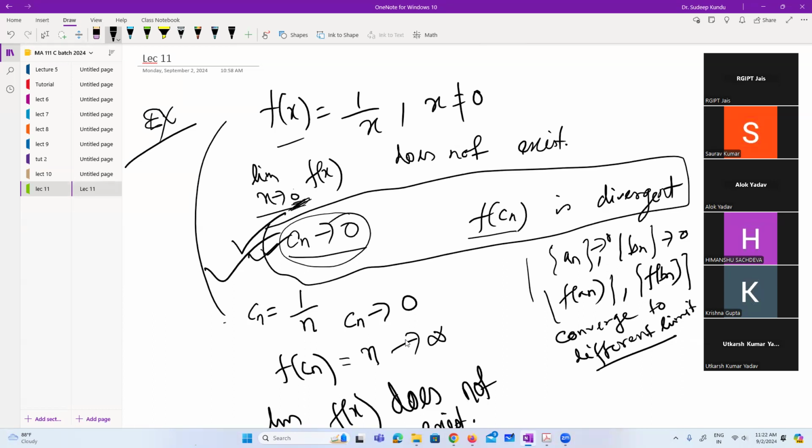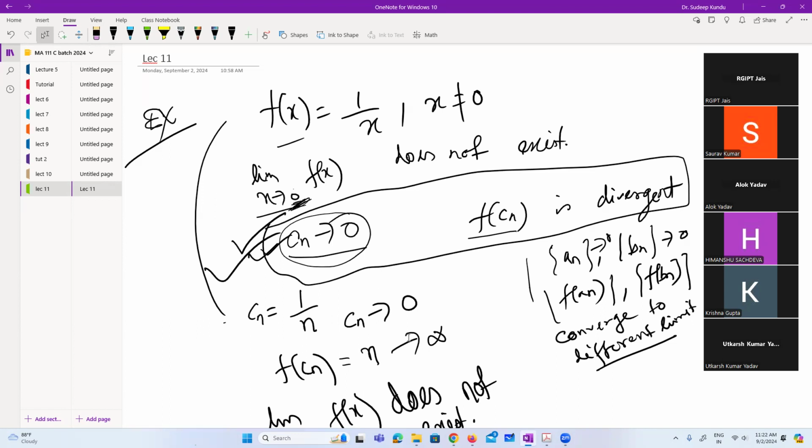Does that imply that the limit of f of x exists? You have shown only for two particular sequences, right? It should be for any sequence. So when you say the limit exists by sequential criteria, you have to show it for any arbitrary sequence. That's not possible always, right?